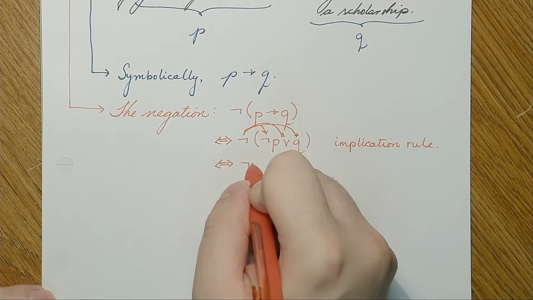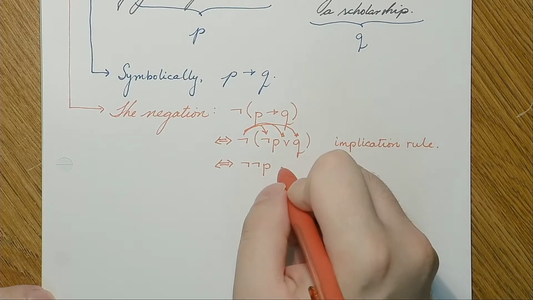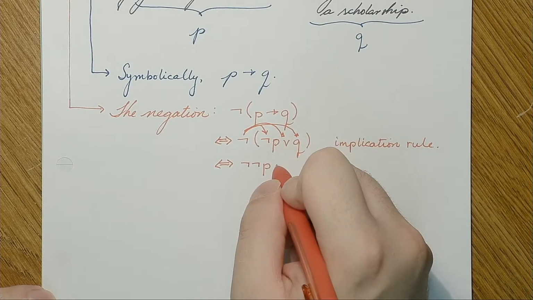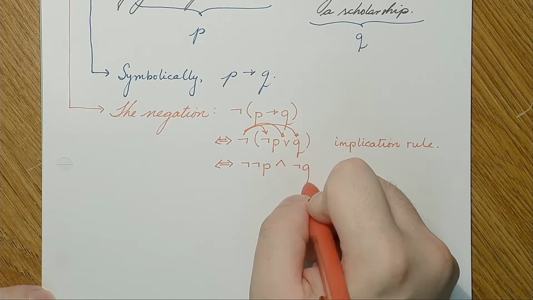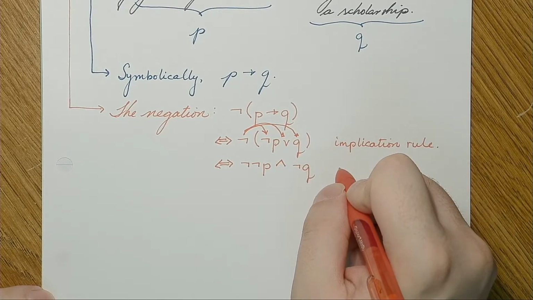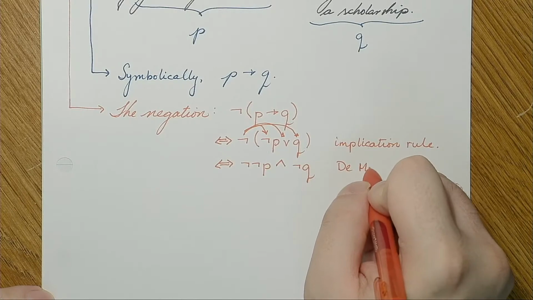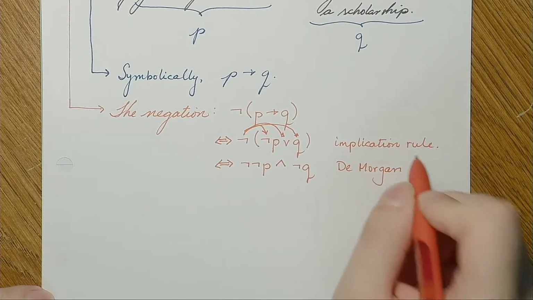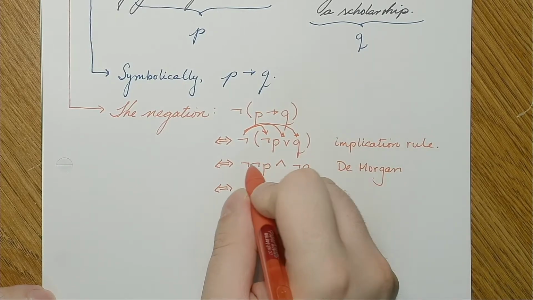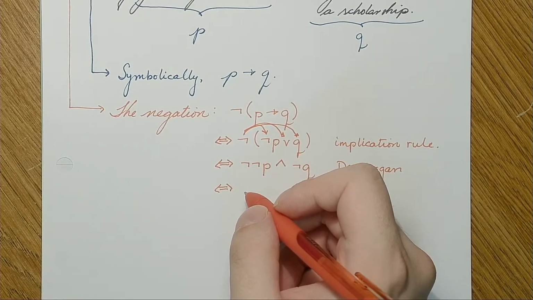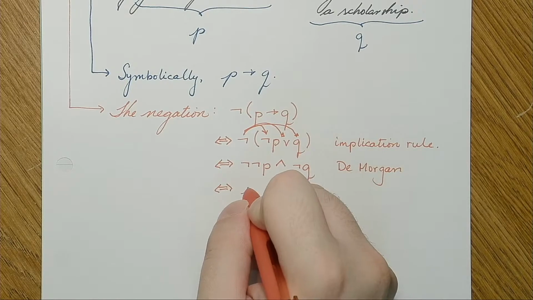So I get not P, the or switches to an and, and I apply the negation to the second. So this is De Morgan. I can further simplify the double negative, so that the negative of a negated proposition is just itself.